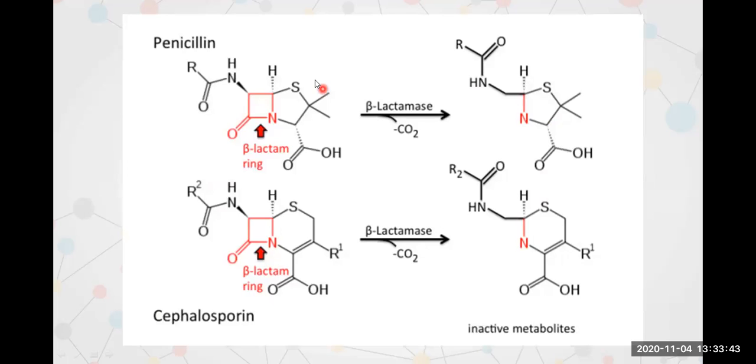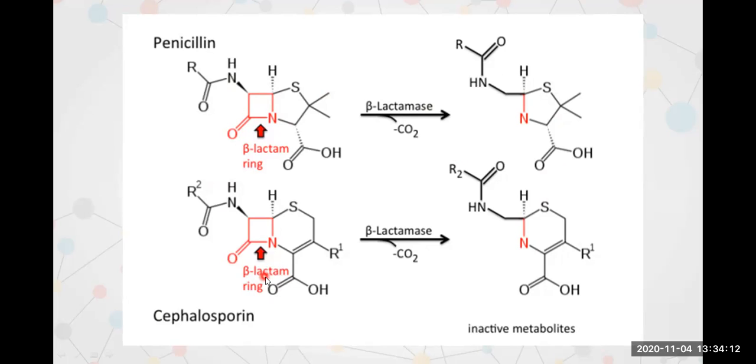So see one example. This is one of the penicillins, and if this penicillin is exposed to the beta lactamase enzyme, which is produced by the microorganisms, then the beta lactamase enzyme breaks down the penicillin ring. You see here, the beta lactam ring gets opened up, and once it is opened up, the drug will become inactive.